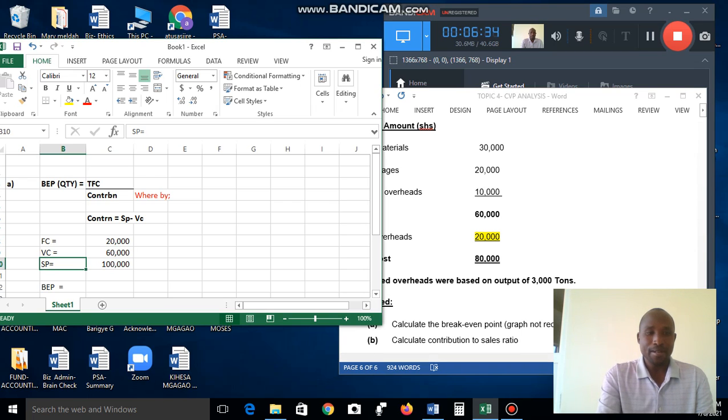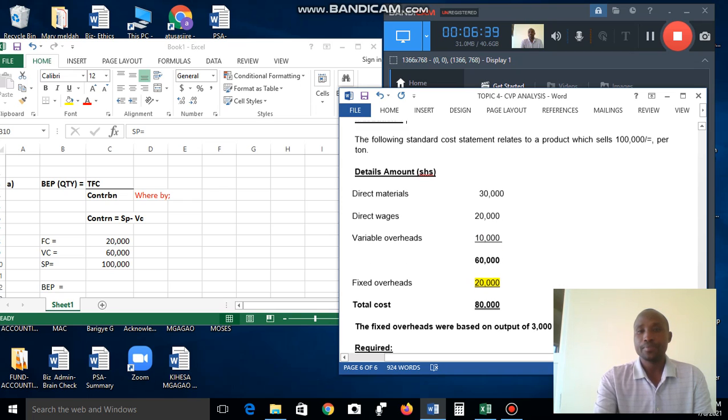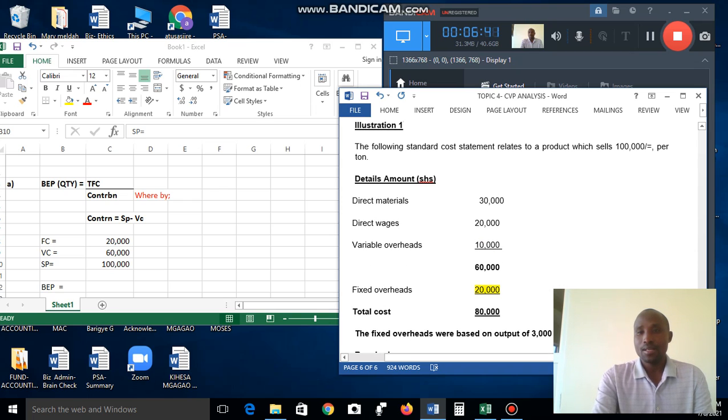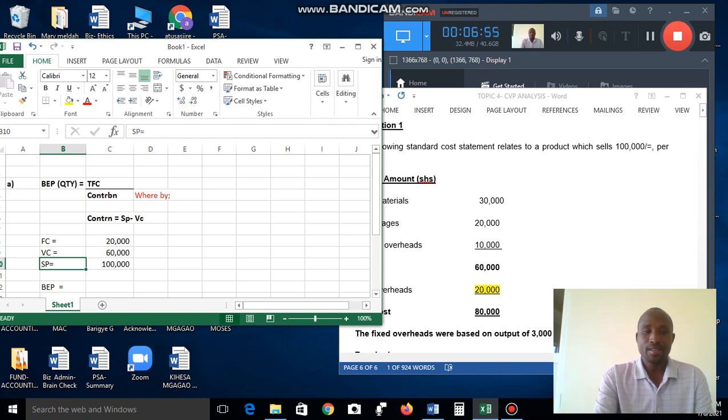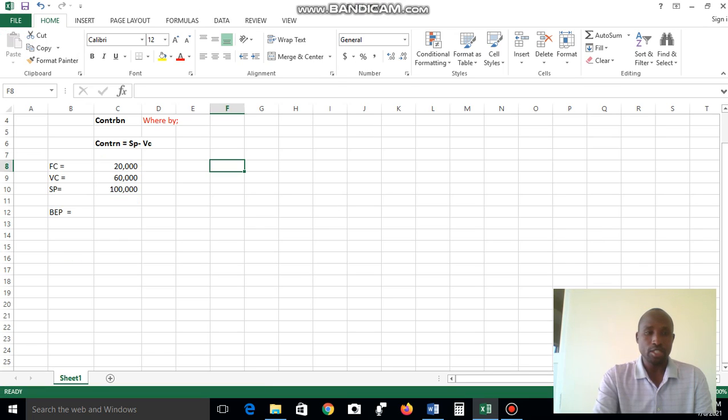Then our selling price is this one, because I said the following standard cost statement relates to a product which sells at 100,000 per ton. So this is a unit selling price per ton.